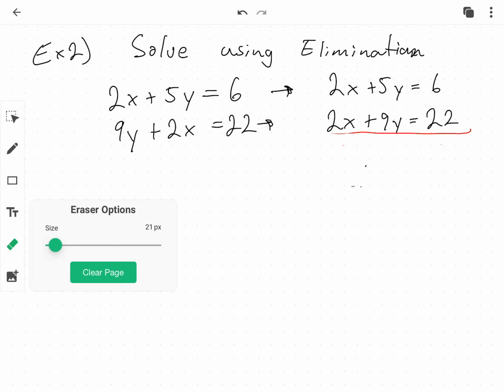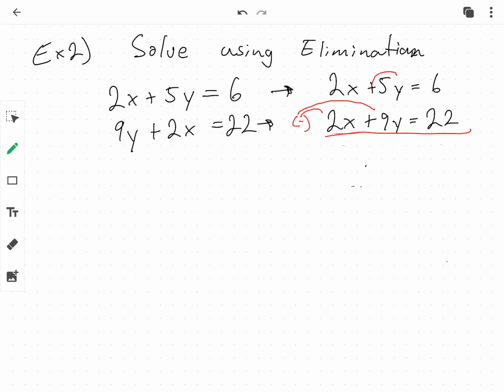Okay, so we can subtract the second equation from the first one. 2x minus 2x gives us 0, so that variable is eliminated. 5y, so we are distributing this subtraction to each part. 5y minus 9y gives us negative 4y.